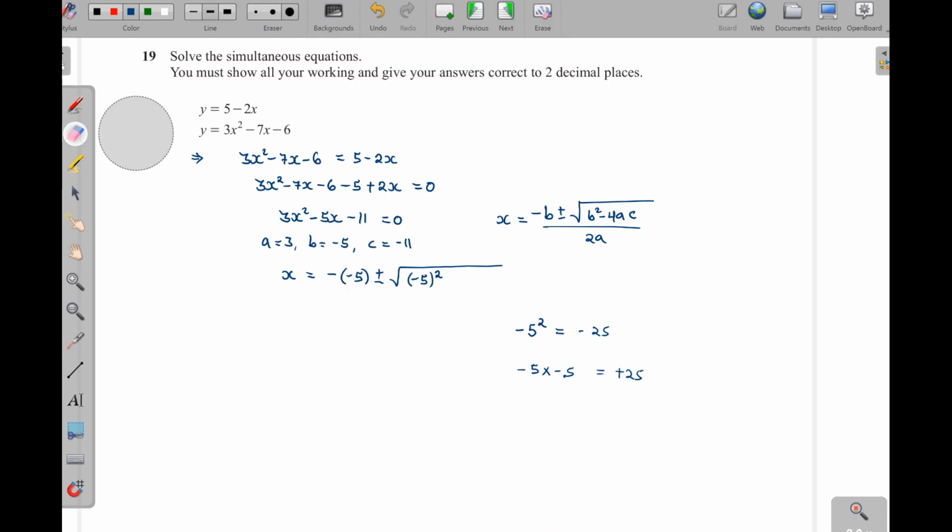So you have to be very careful. Then minus 4 times our a, which is 3, times the c, which is negative 11. Then we divide by 2 times our a, which is 3. So a negative and a negative becomes a positive. And then plus or minus, this is 25.